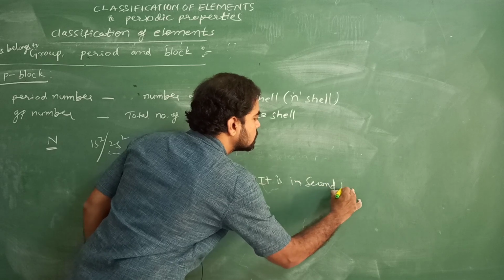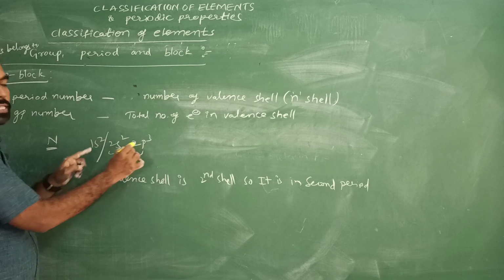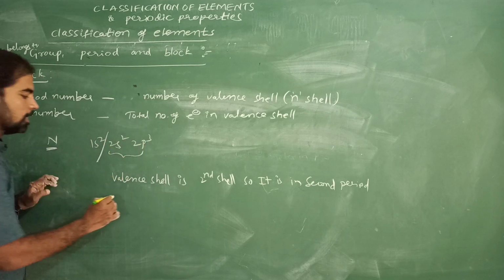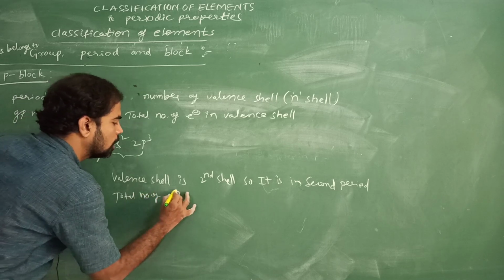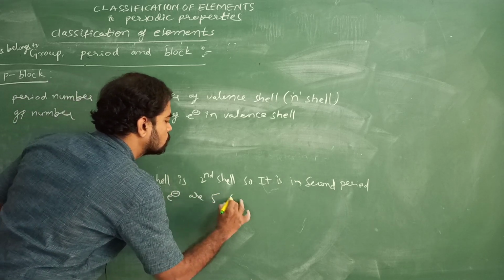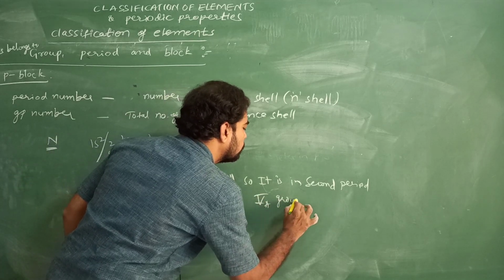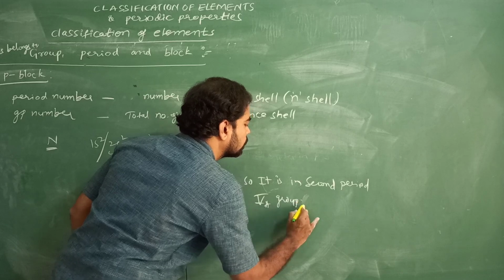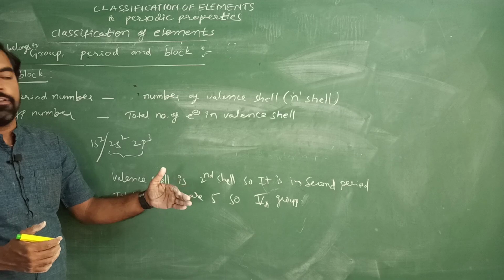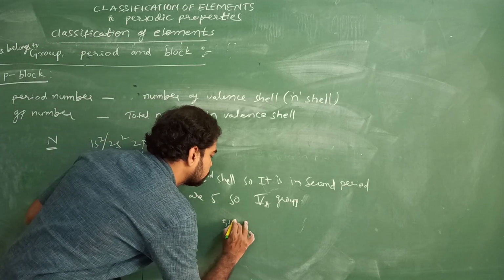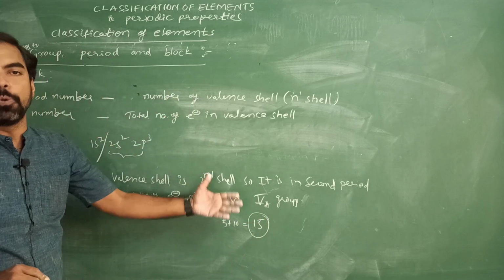And the total number of electrons, 3 plus 2, 5 electrons are present. So it is a 5A group element. If you want the number, simply add 10. We get 5 plus 10, 15 in terms of numbers, 15th group.